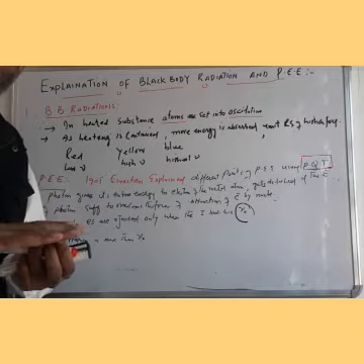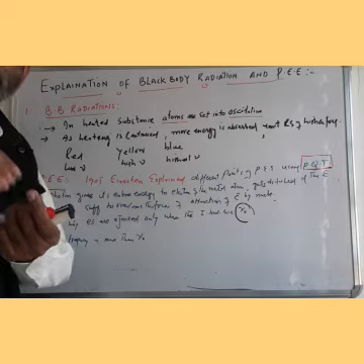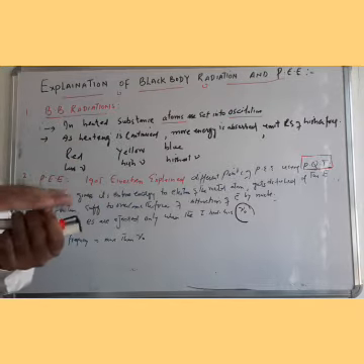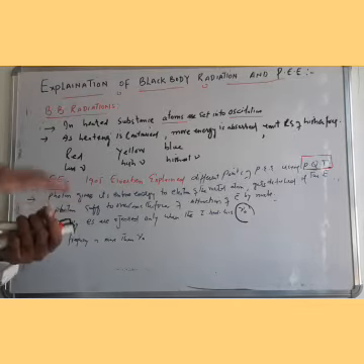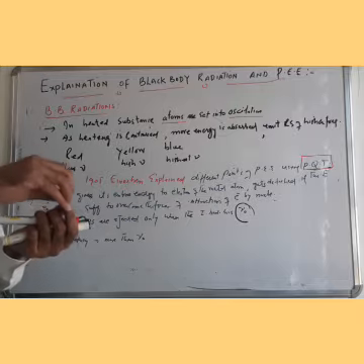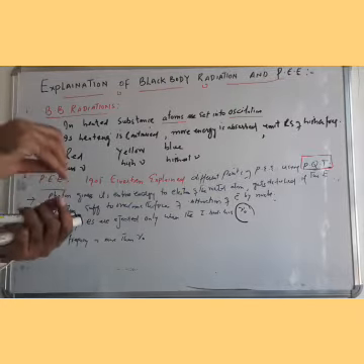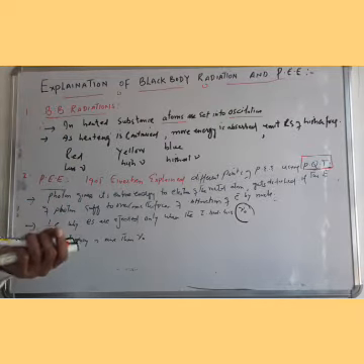Einstein observed that when radiation of a certain minimum frequency strikes the metal surface, electrons are ejected from the metal surface. These electrons are known as photoelectrons, and the phenomenon is known as photoelectric effect.